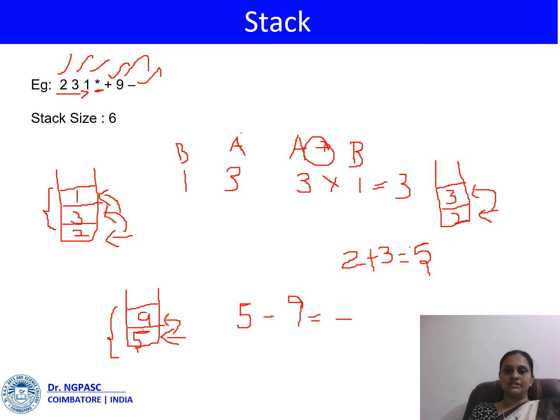This result should again be pushed inside the stack. So the value minus 4 will be pushed inside the stack, and it will check the expression now.